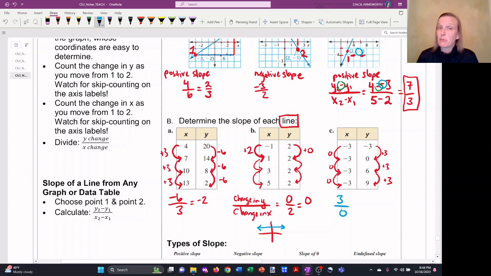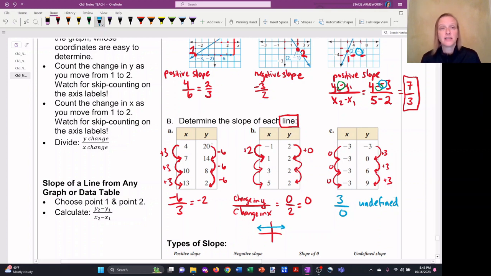Now, hopefully you remember this from earlier math classes, but division by 0 is not possible. This is undefined. This has an undefined slope, and if that isn't something that you remember, if you plug it into your calculator, you will get an error message. 3 divided by 0 gives you an error message on your calculator.